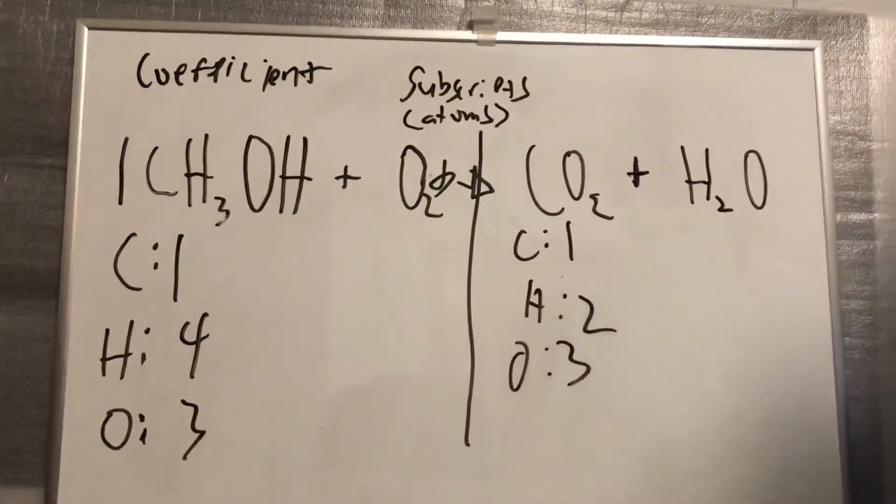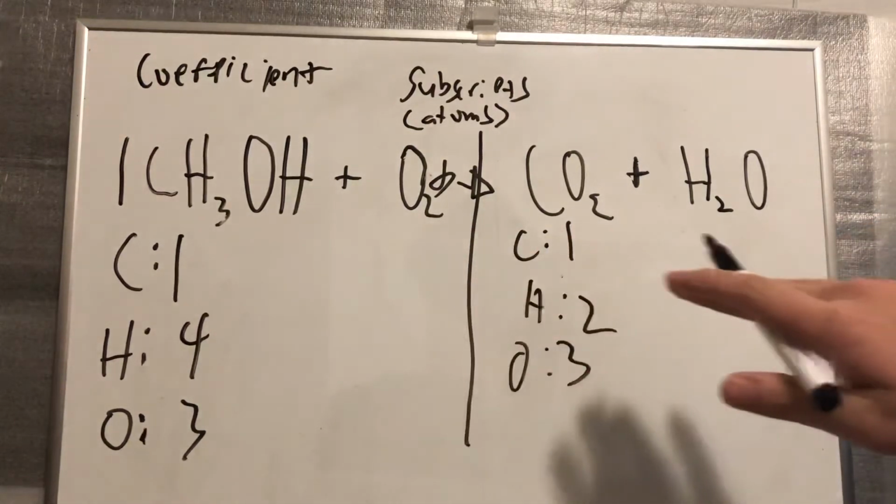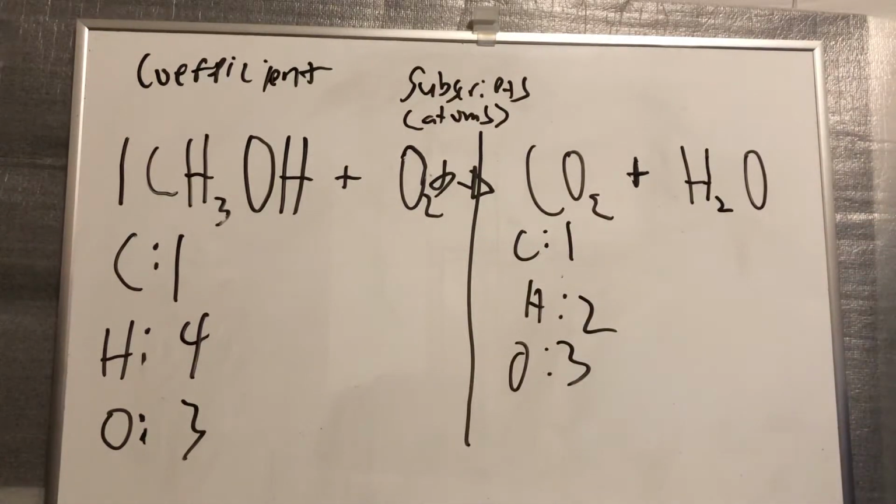Alright. We should have an equation looking something like this right now. We have one carbon on the left, so now we'll want to have one carbon on the right. So I'll put 1 right here.